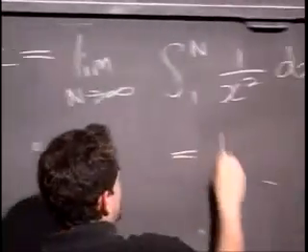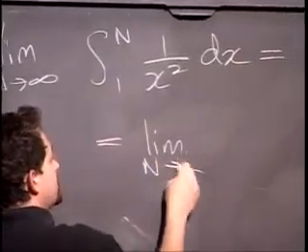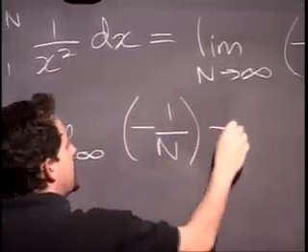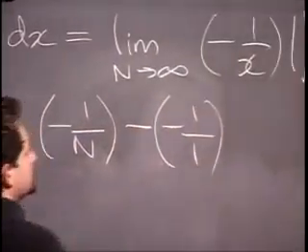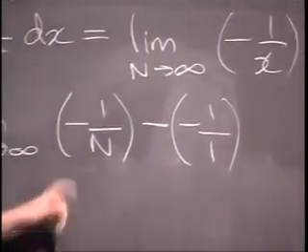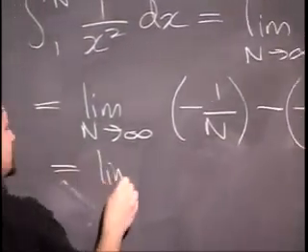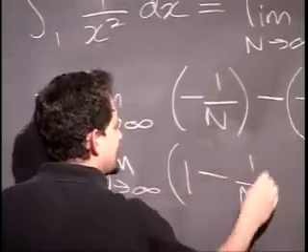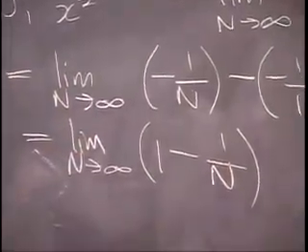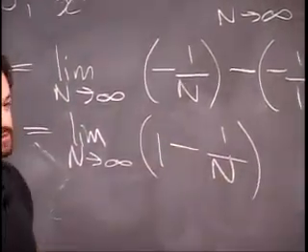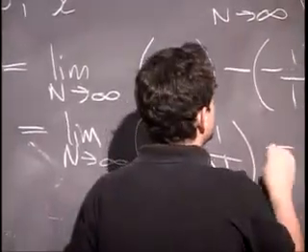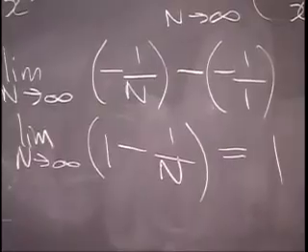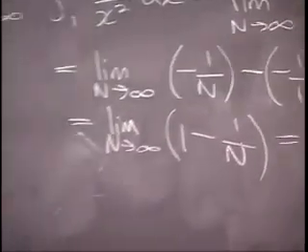So this will be the limit as n goes to infinity of minus 1 over n minus minus 1 over 1, which is the limit as n goes to infinity of 1 minus 1 over n. Now look at this. As n gets large, 1 over n goes to 0. So this limit is 1. So that shows that this integral converges.